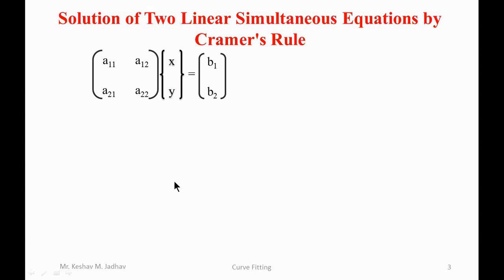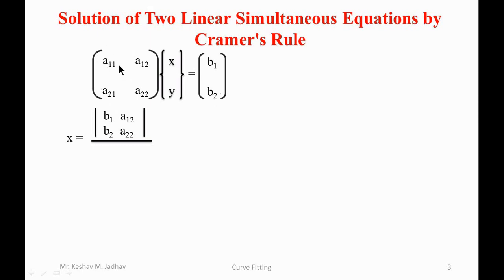Let us consider a general matrix for two equations in two unknowns. Here we have to find the values of x and y. If we use Cramer's rule, then to calculate the value of x, at the numerator we take the determinant of the matrix in which we replace the first column of the coefficient matrix by the right hand side matrix.